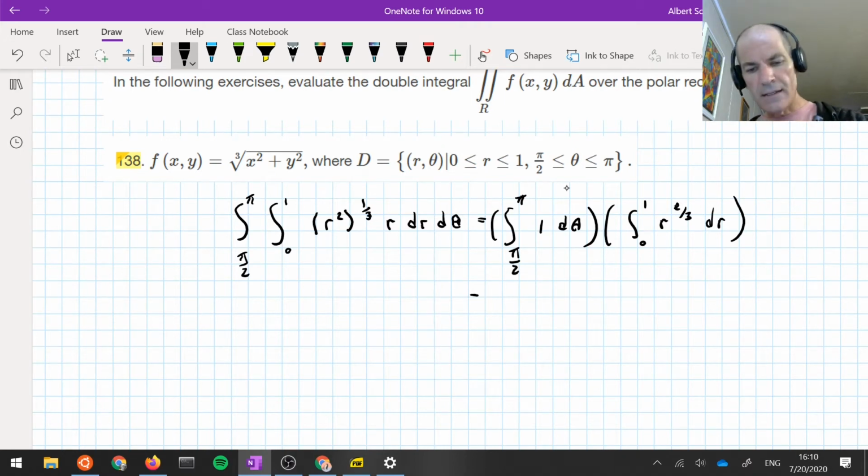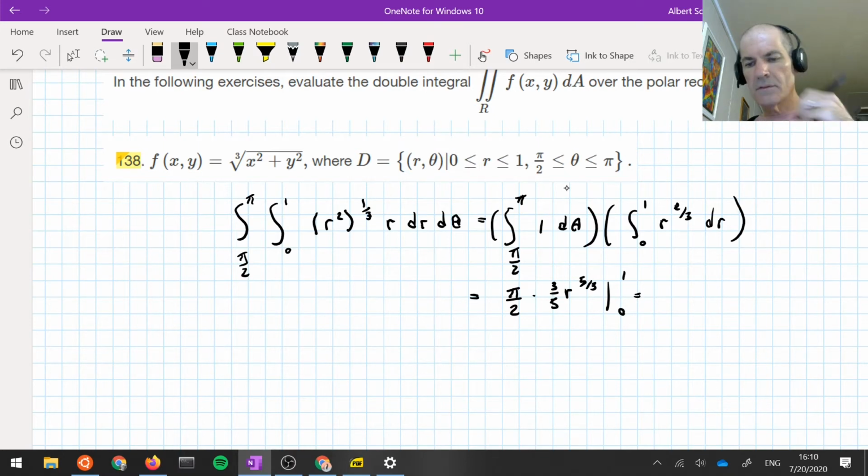On the left-hand factor, we integrate 1, we get theta, we plug in pi over 2, and we get pi over 2 after subtracting. The other integral is a little bit more complicated. We get r to the 5/3 divided by 5/3, and we evaluate from 0 to 1.